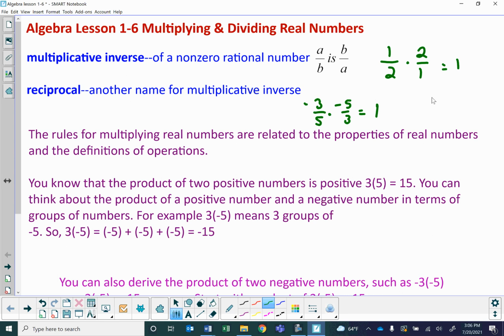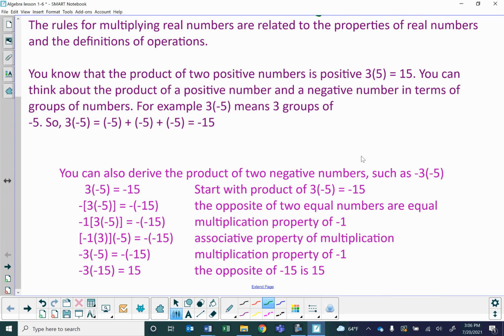You can also derive the product of two negative numbers, such as negative 3 times negative 5. If 3 times negative 5 is negative 15, then the opposite of 3 times negative 5 is the opposite of negative 15. The opposites of two equal numbers are equal. Then we take negative 1 times 3 times negative 5.